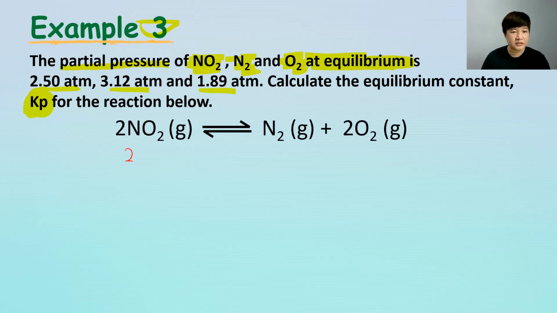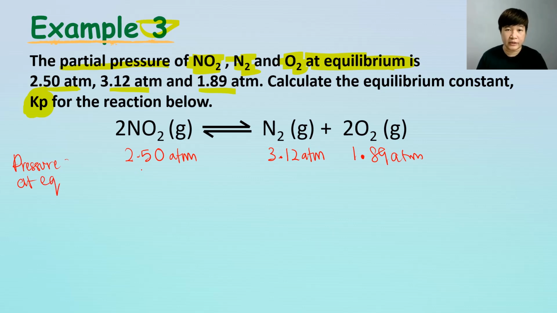NO2, the partial pressure given at equilibrium is 2.5 atm. The N2 is given as 3.12 atm. Oxygen is given as 1.89 atm. And all that is the pressure given at equilibrium. So we can use it already because it's the value at equilibrium.